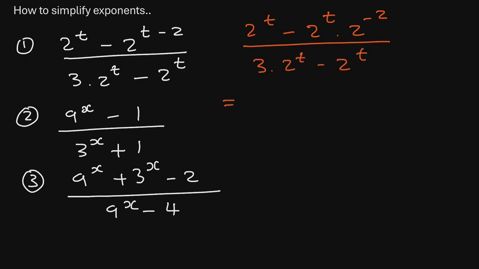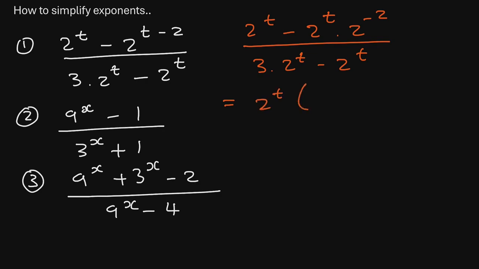So now after we have expanded, the second step will be now to factorize. Remember, you can factorize in different ways. But if you look at the top here, we can factorize by taking out a common factor. And then also at the bottom, we can factorize by taking out a common factor. Because at the top, 2 to the power of t is common in both the terms. So you're going to take 2 to the power of t out as a common factor, and then you open the bracket.